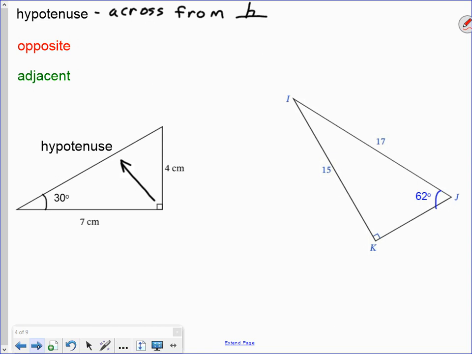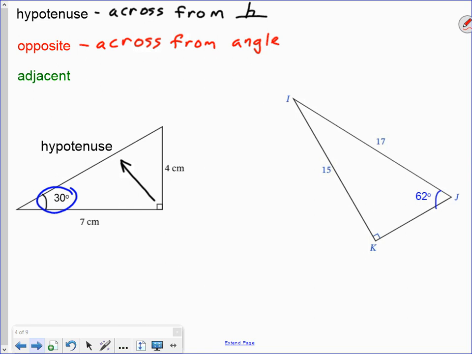The other two sides are called the opposite and the adjacent. And we label these based on an angle in the triangle, not the right angle, but some other angle. So the other angle in this triangle that we're given is this 30 degrees right down here. Our opposite side is across from this angle, whatever this angle is.